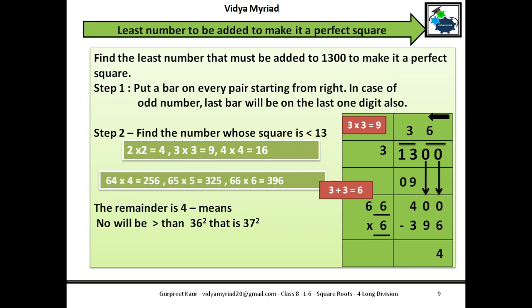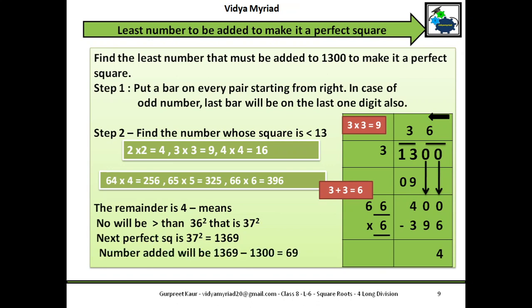Because when you do 36 in the case of 1300, there is a remainder. It is not a perfect square. We need to find a number which should be added to 1300. So what is 37 square? 1369, which is a perfect square. So I come to know that 69 should be added to 1300 to make it a perfect square.